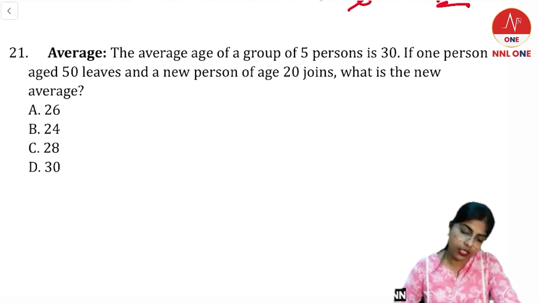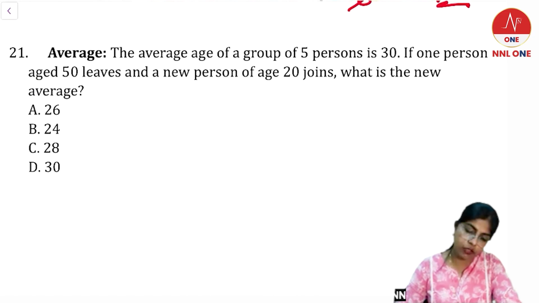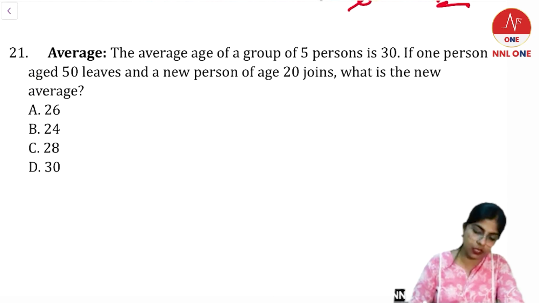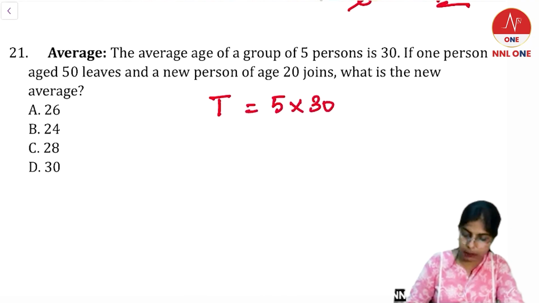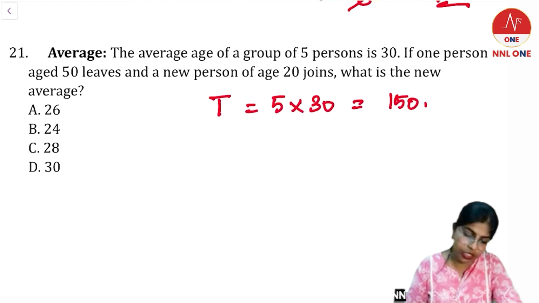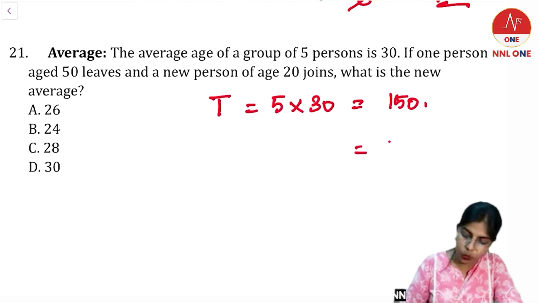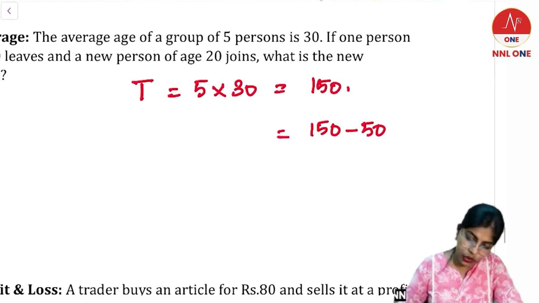So what are the given values? The average age of a group of 5 persons is 30. So the total is going to be 5 into 30, which is 150. One person aged 50 leaves and a new person aged 20 joins.